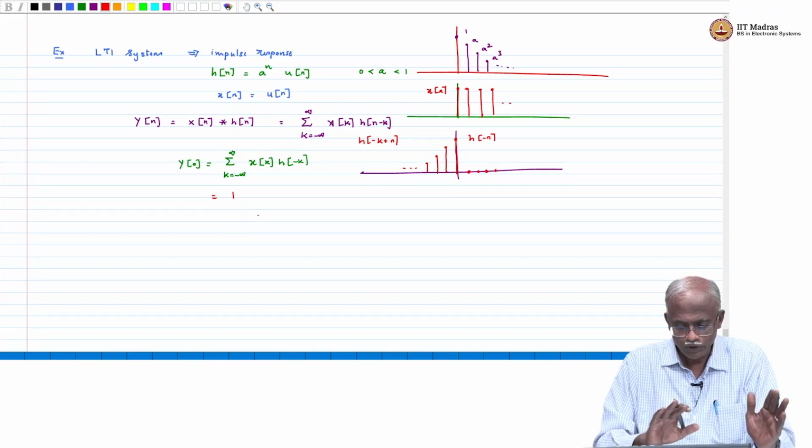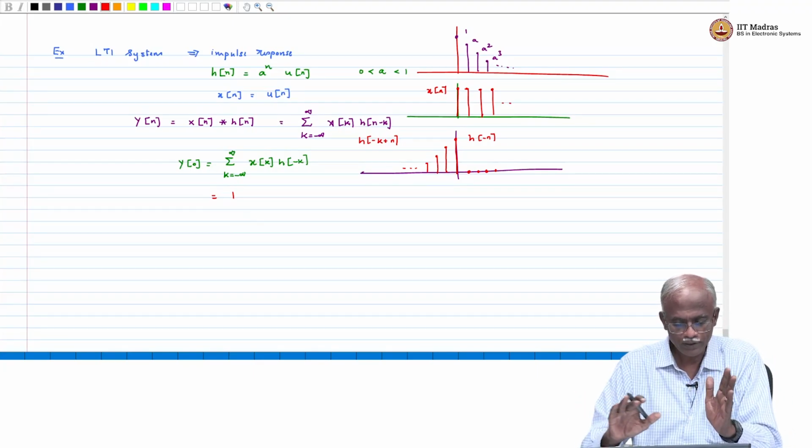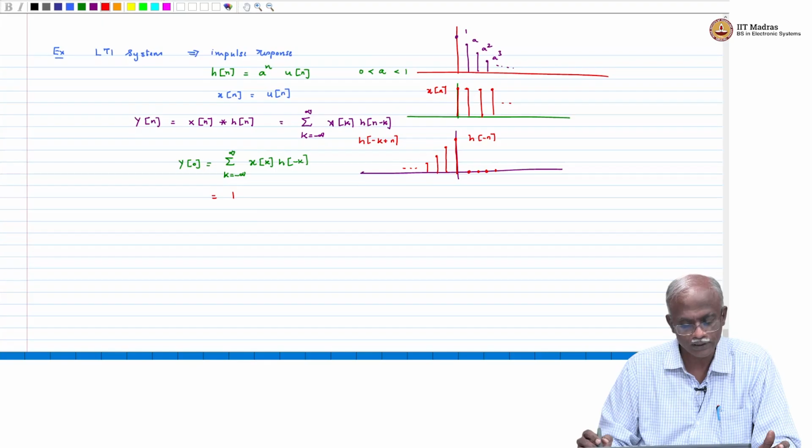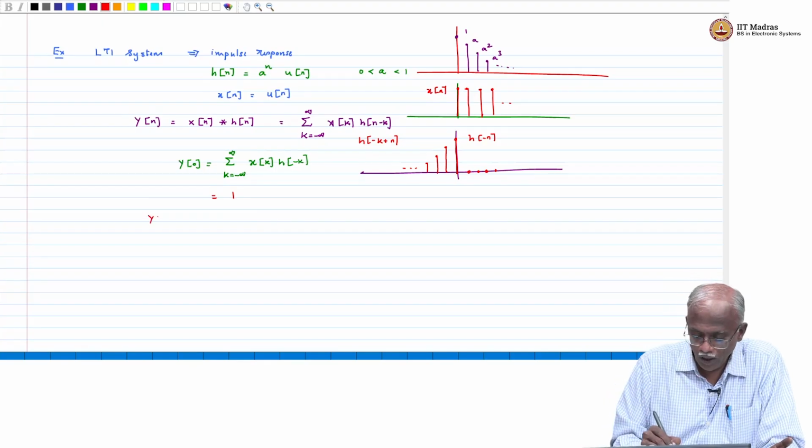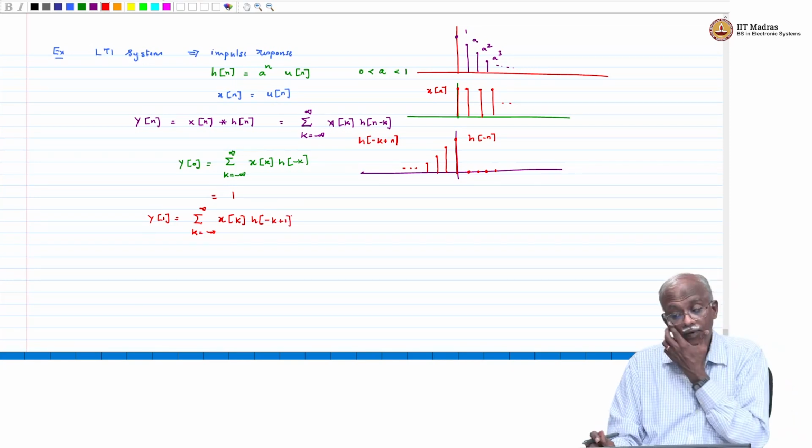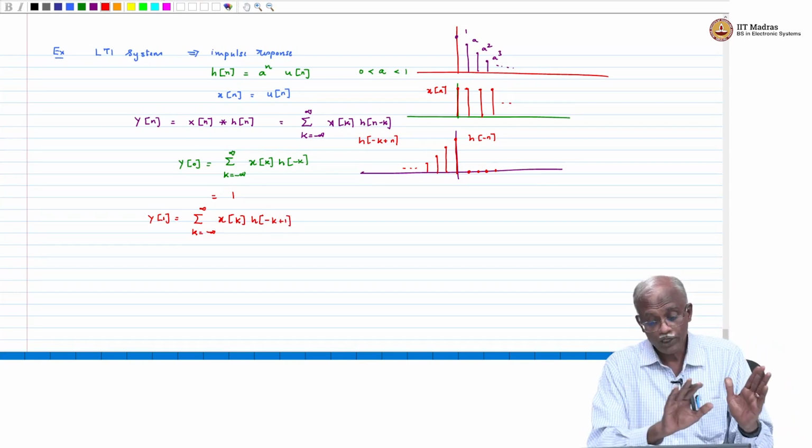Okay. Now, we start to shift the sequence. So, y of 1 will be equal to summation k equal to minus infinity to infinity x of k h of minus k plus 1. Okay.